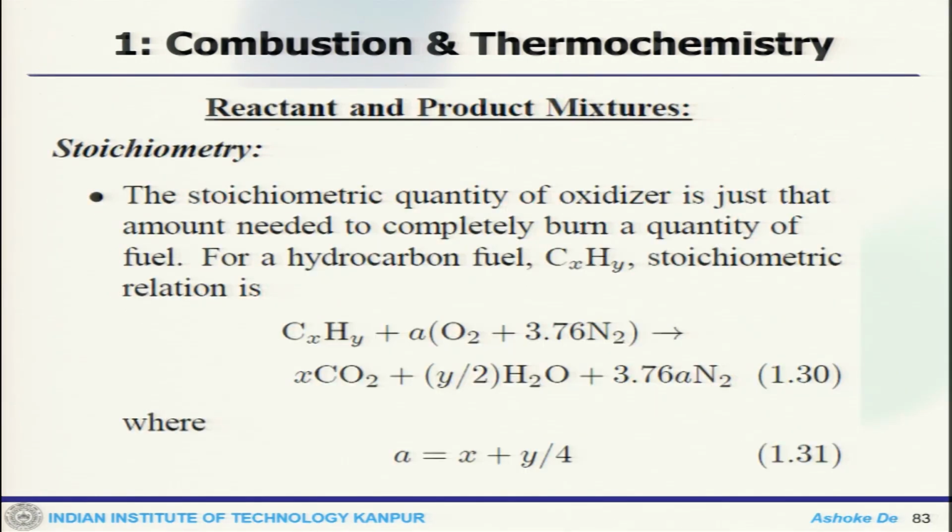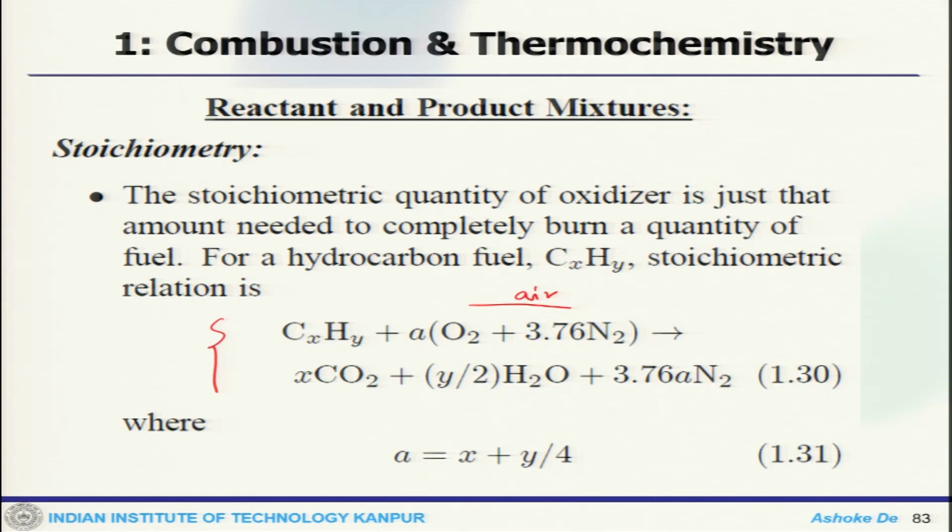Now, if you move ahead and look at the reactant and the product mixture, one thing that we want to define is the stoichiometry. When you say that a particular reaction is a stoichiometric reaction, take one hydrocarbon which is burned with air, and you get CO2, H2O and excess nitrogen, nitrogen being an inert gas.